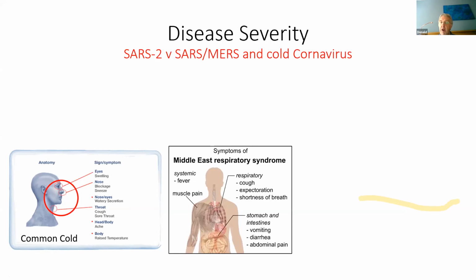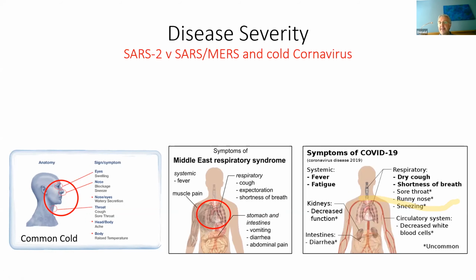If you look at another of these serious coronaviruses, MERS, Middle East respiratory syndrome, it affects the lungs and only can infect the lung cells. It doesn't infect your nose and your mouth. However, SARS-2 is different.